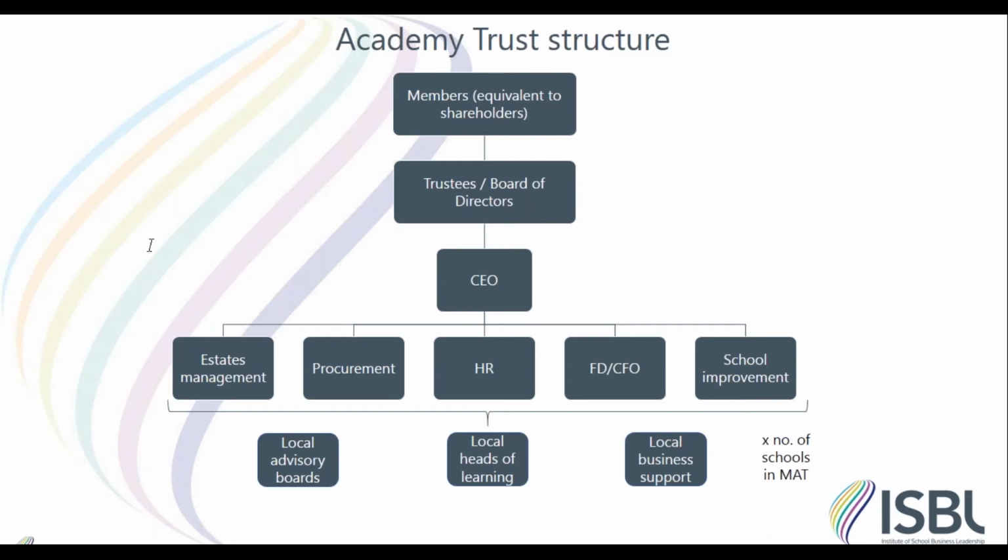They delegate operational tasks to a group of trustees, essentially non-executive directors, and in turn they delegate responsibility for the running of the trust to an executive team. And there you'll see a chief executive with a team of executives supporting them, and then local arrangements.